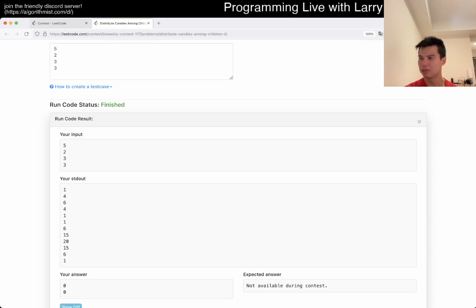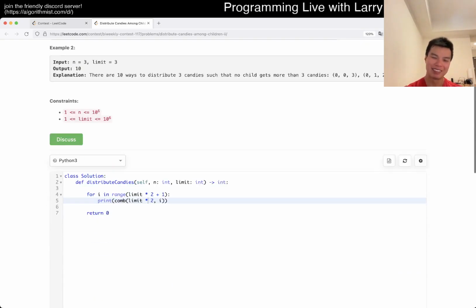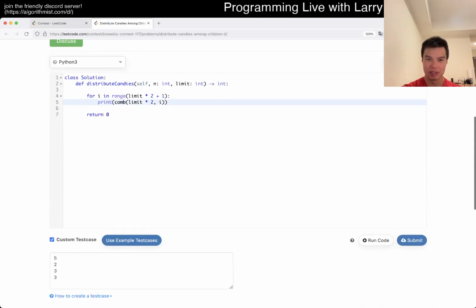So limit, how many ways are there to choose limit? Is it limit ways? I guess it is. Why am I being dumb? I think I confused 2 and 3. Okay. So then now, basically this formula, if you will, should be min of limit something like that, right?